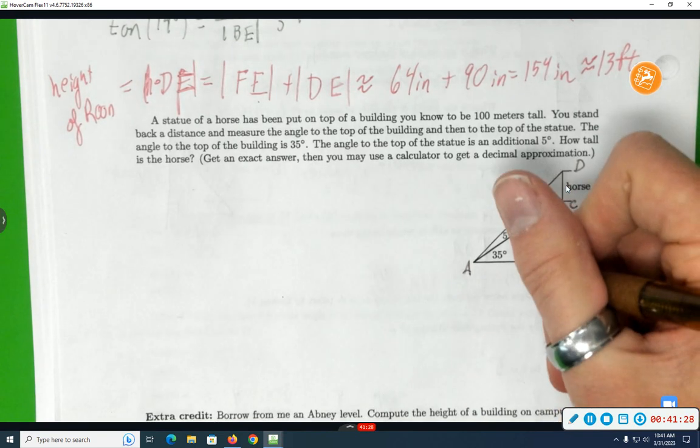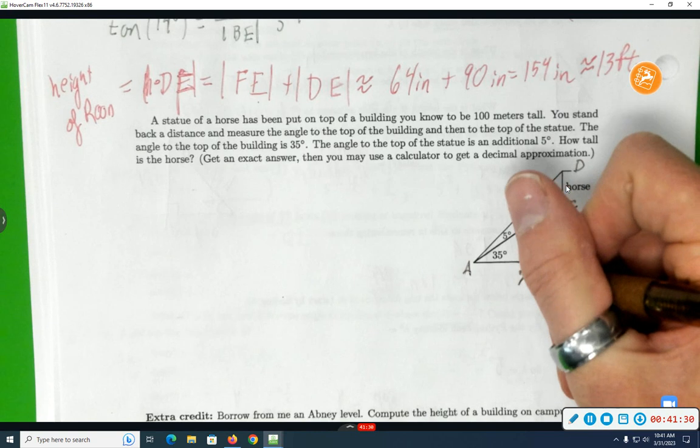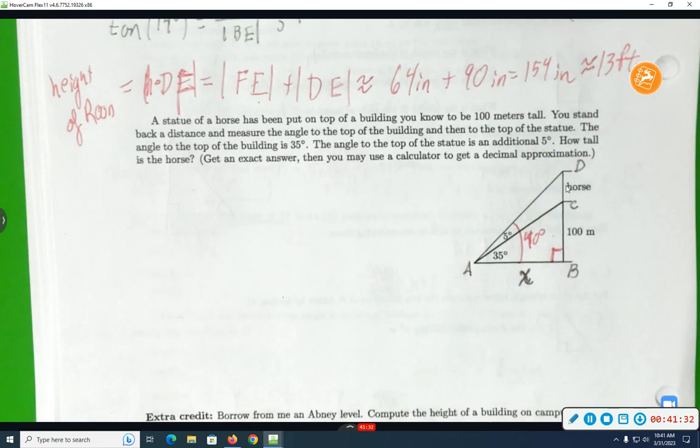So, let's call the base of that triangle x and see if we can determine x. Again, which trig function looks useful? Tangent. We don't care about any of the hypotenuses in this problem.